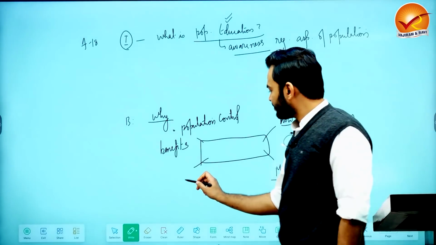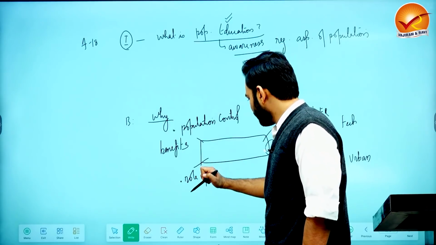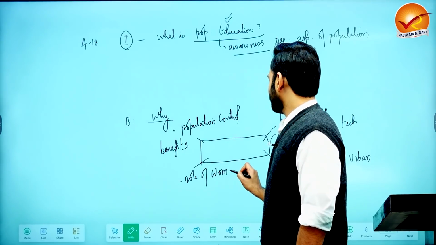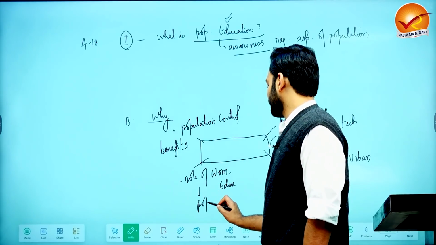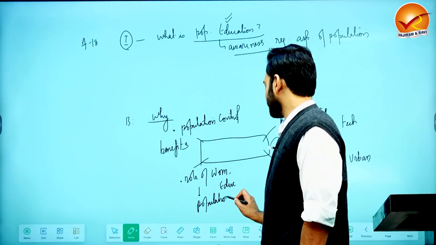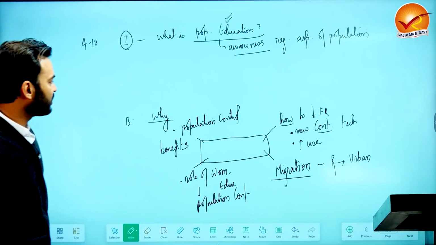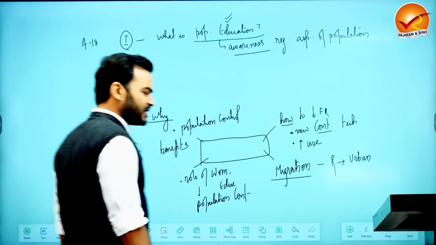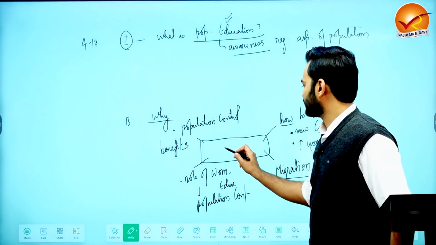And making people aware about the role of women and education in population control. This is also very essential, role of women and education in population control. So these are the 4 main objectives of population education.